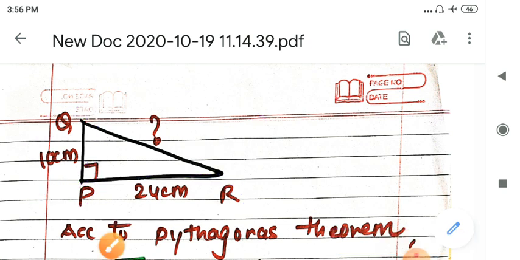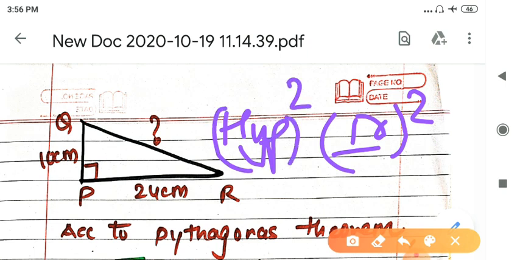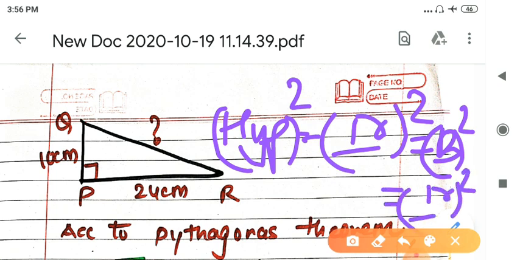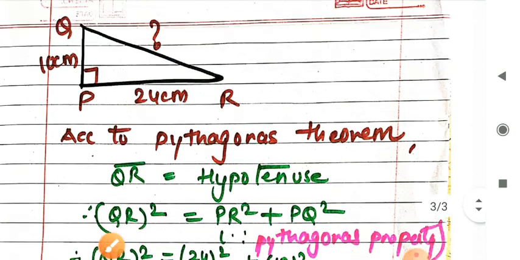If you have to find the base, you subtract the square of the perpendicular from the square of the hypotenuse. Similarly, if you want to find the perpendicular, you subtract the square of the base from the square of the hypotenuse. So these two are the formulas which come from the main formula of the Pythagoras theorem.